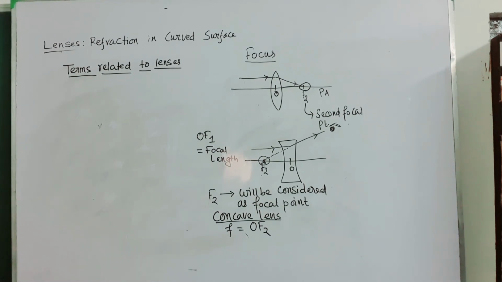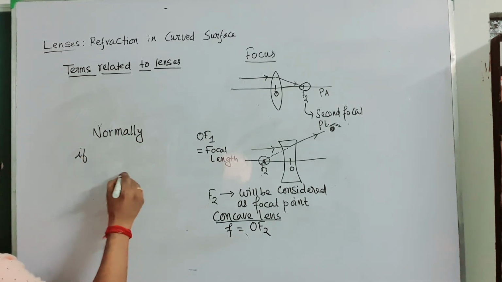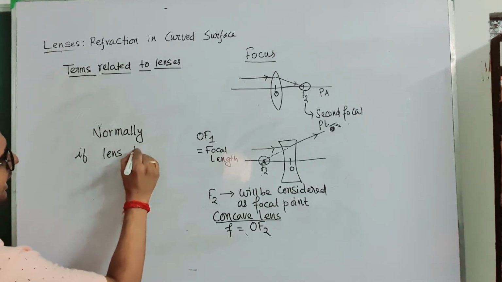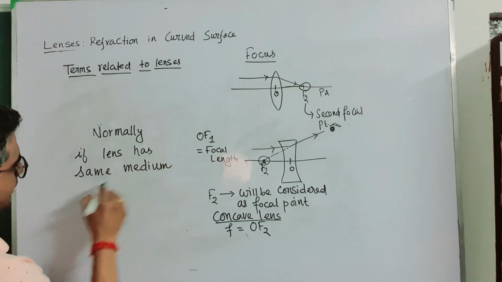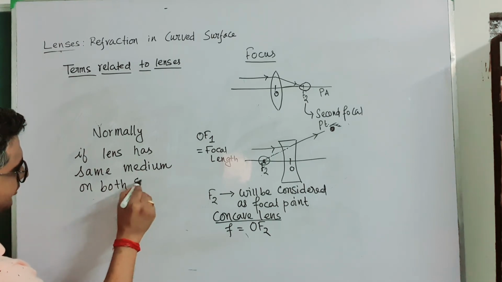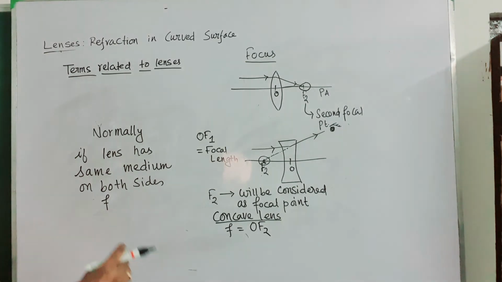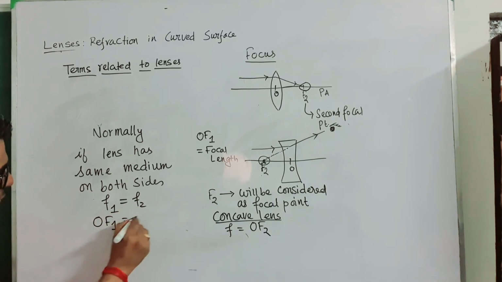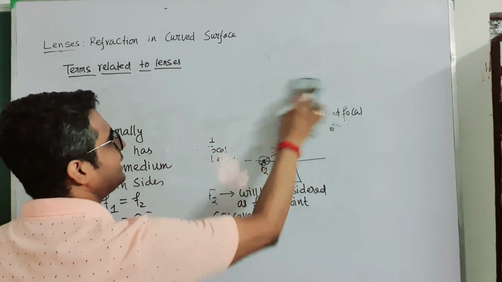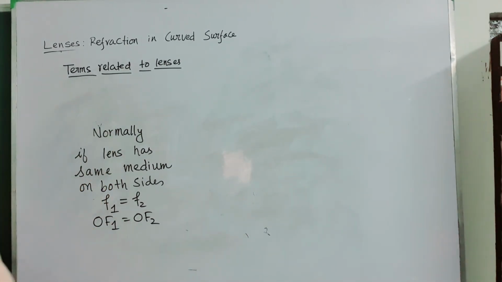Normally, if the lens has the same medium on both sides, then the focal length considering f1 or f2 are both the same. f1 is equal to f2, that is, OF1 is equal to OF2.